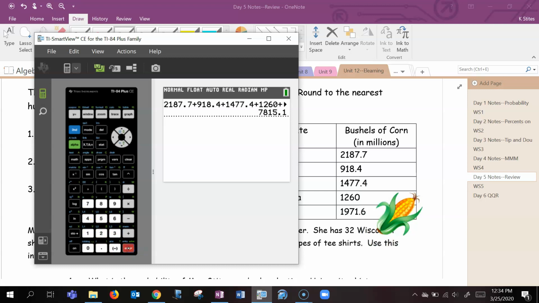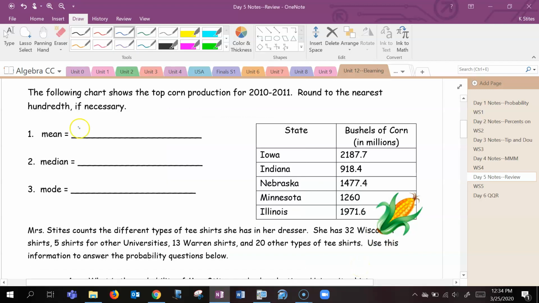Okay, I think I got all those, and then we are dividing by 5. And that gives us 1563.02. And that is million bushels of corn.